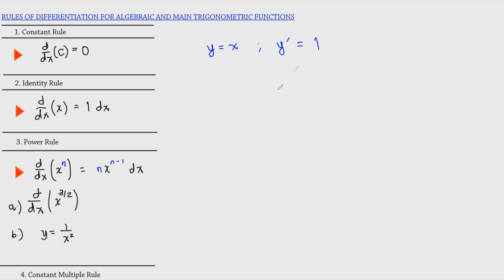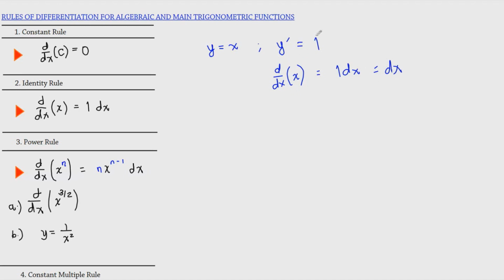But if I have the derivative of x, you should answer 1 dx, or simply dx, because the derivative of this function must be expressed in terms of the differentiating variable.